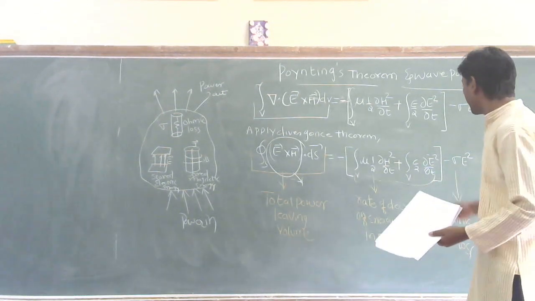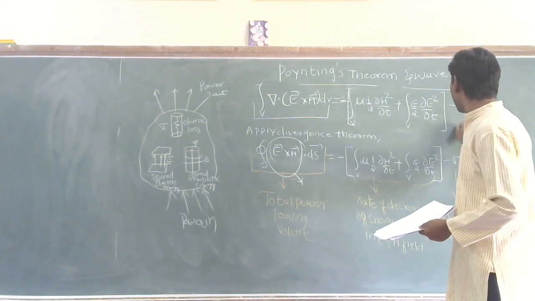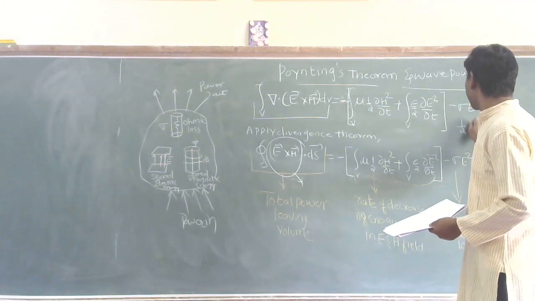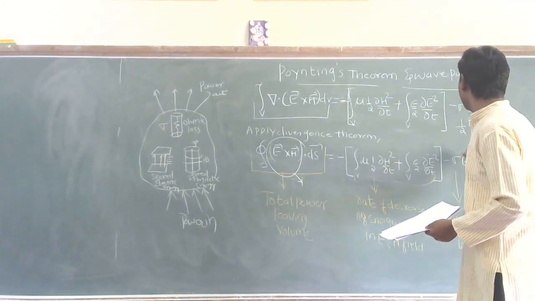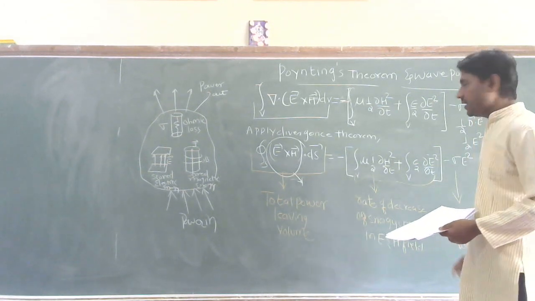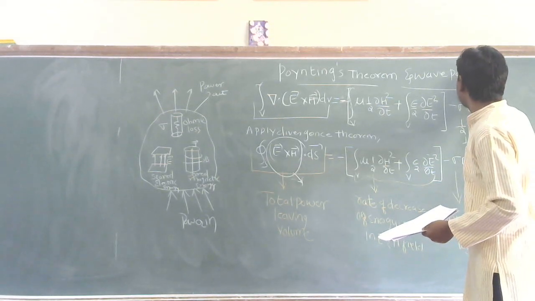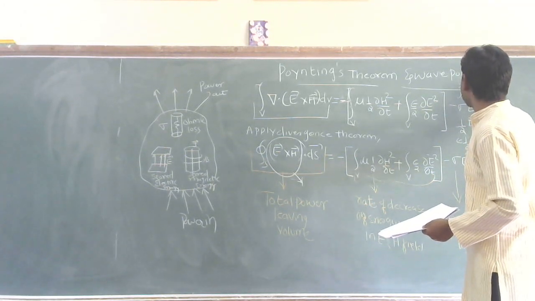You could recall from the static fields that the energy stored in an electric field was given by 1 by 2 D dot E, or 1 by 2 epsilon E square, whereas the energy stored in a magnetic field was given by 1 by 2 B dot H, or 1 by 2 mu H square.